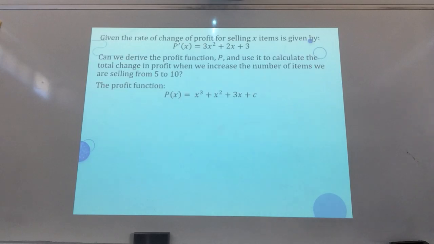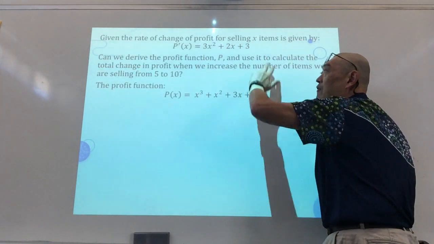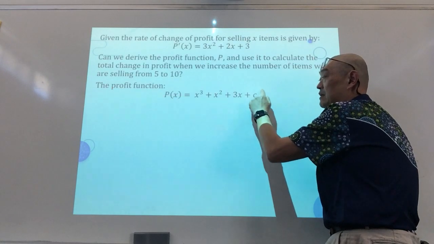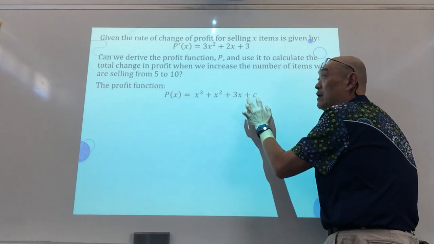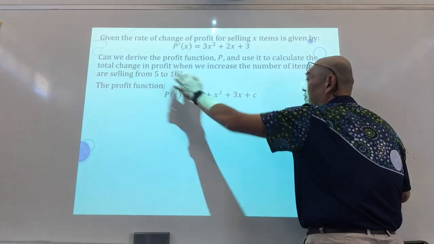Do you agree? Now, this C is a fixed cost. In terms of profit, this is a fixed amount. So let's think about what happens when we change from 5 to 10.